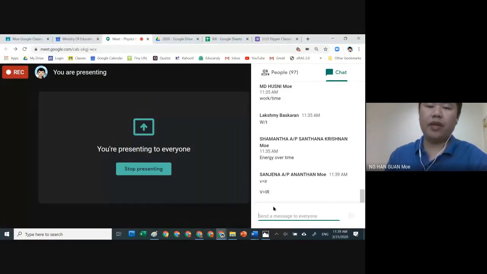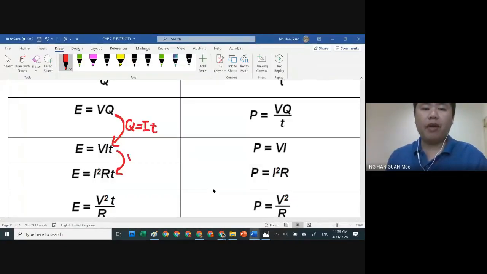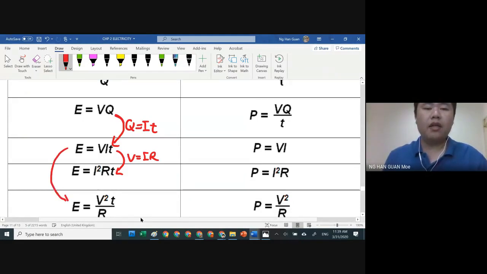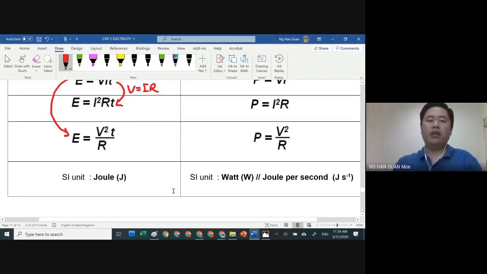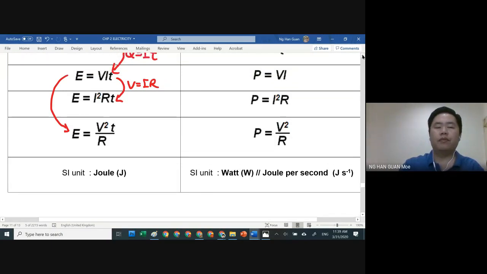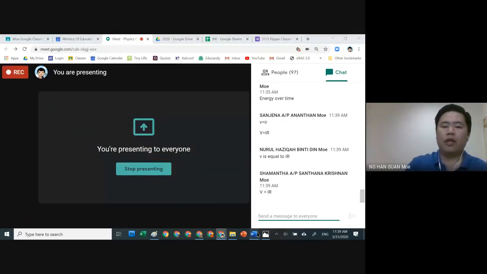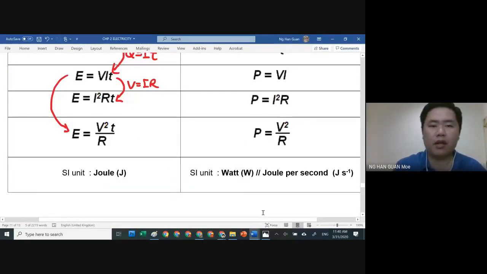Right. So yes, V equal to IR. Okay, V equal to IR. Right. So from here we apply V equal to IR, substitute into the equation. So that's why you have the I square RT. And also from here, okay, what we apply to get the V squared T over R? How we get so? Okay, how we get the V squared T over R?